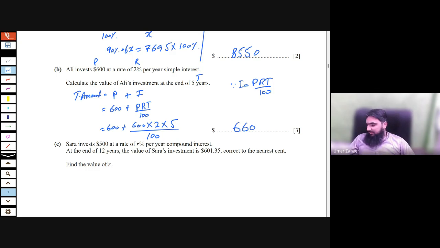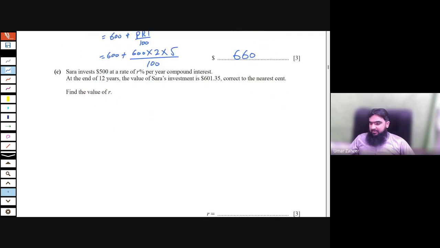Okay. Now we have the next question. It says that Sarah invests $500 at a rate of R% per year compound interest. At the end of the 12 years, the value of the investment is this, correct to the nearest cent.